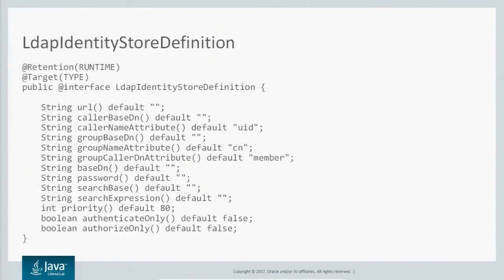So that's the LDAP identity store definition. One interesting question that would be useful for us to have feedback on is the extent to which people feel like this set of values is sufficiently rich to handle all the cases that people are likely to encounter.